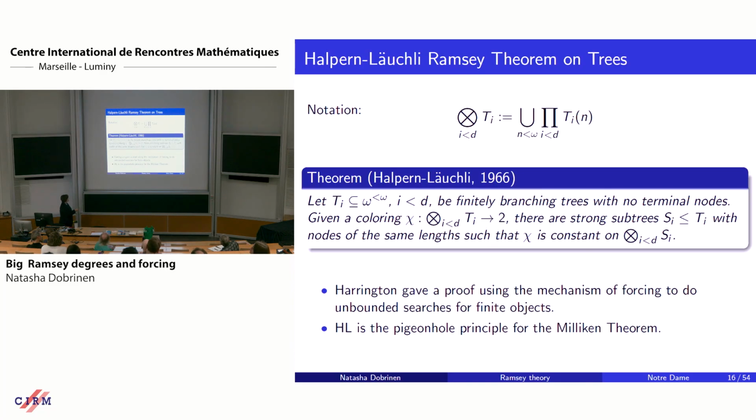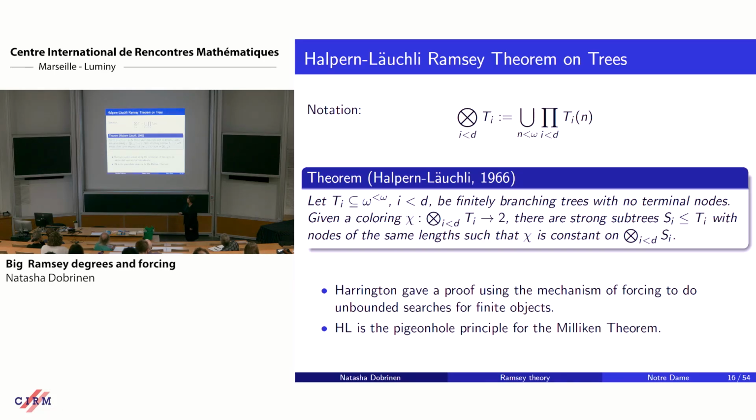The Halpern-Läuchli theorem, which is the pigeonhole for the Milliken theorem, has a lovely forcing style proof by Harrington, where he's using essentially kappa-Cohen forcing and a name for a non-principal ultrafilter.